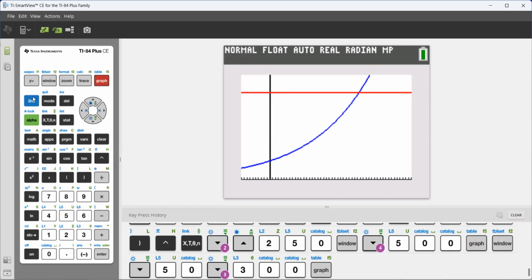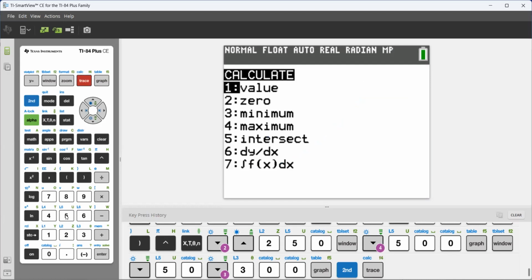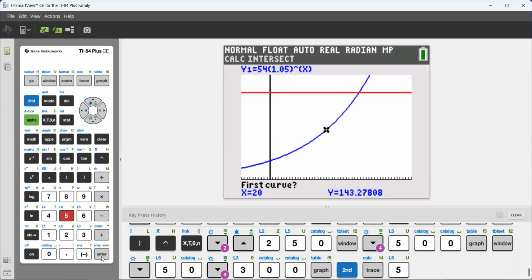So now to solve this, I'm going to solve for x. I'm going to do second trace, 5, enter, enter, enter. Oh, wow, my x is 31.4095. But if you want to do two decimal places, 31.41. So that is my solution.